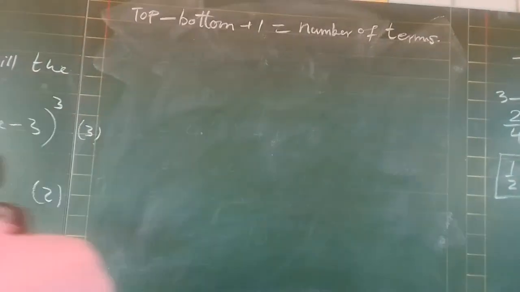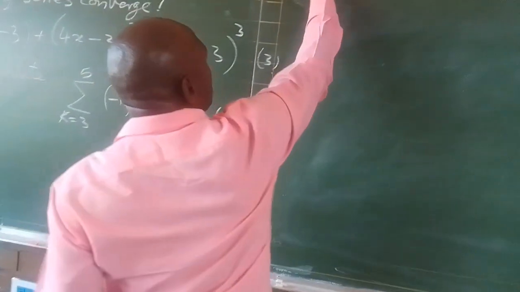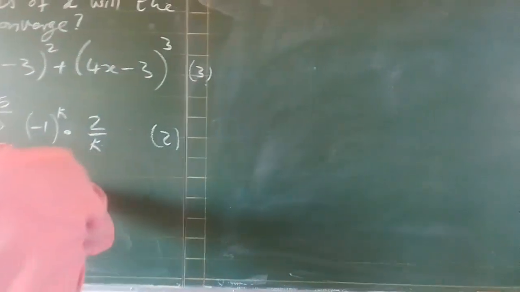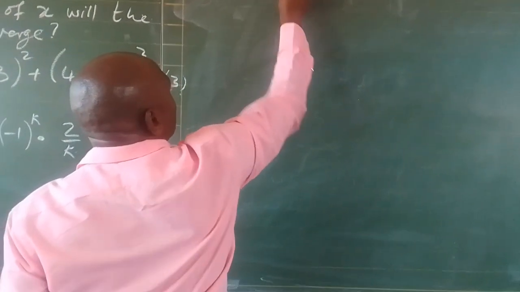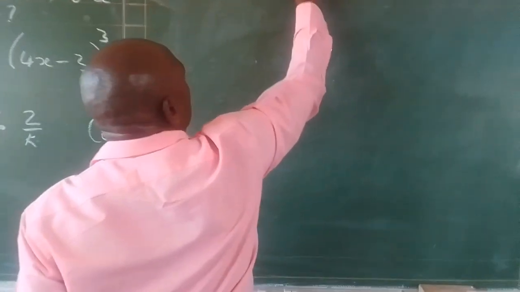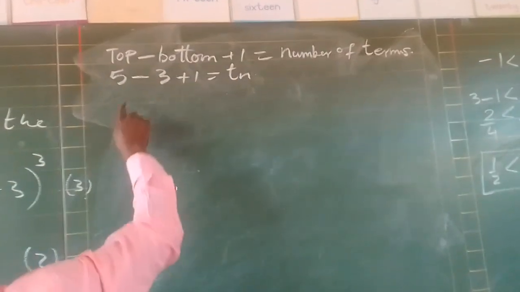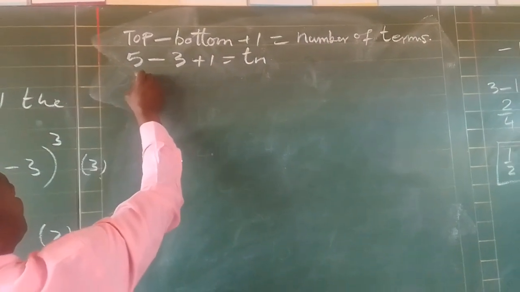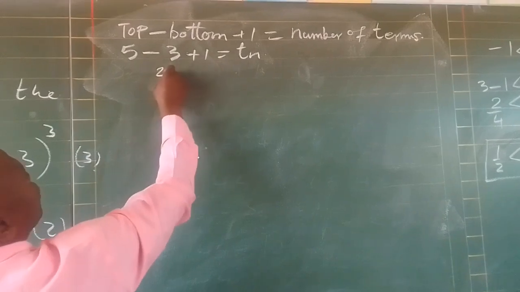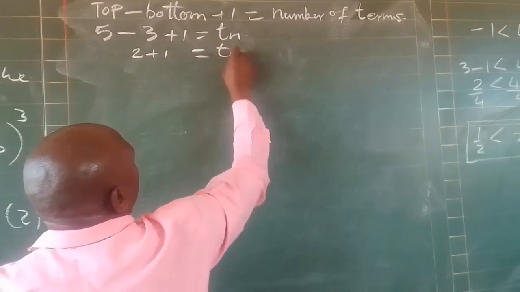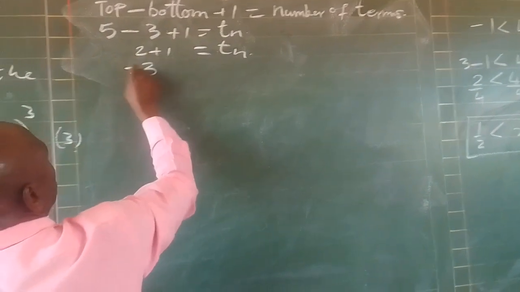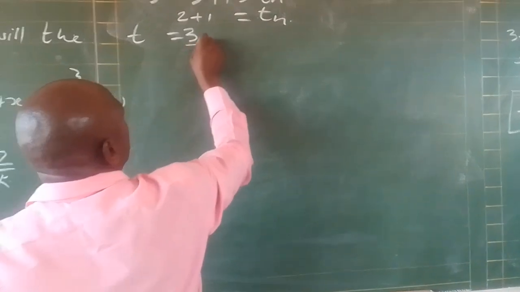So in this case, our top here is 5. You say 5 minus bottom, which is 3, plus 1 is equal to the number of terms. So 5 minus 3 is 2, 2 plus 1 is 3. Then the number of terms is going to be 3.